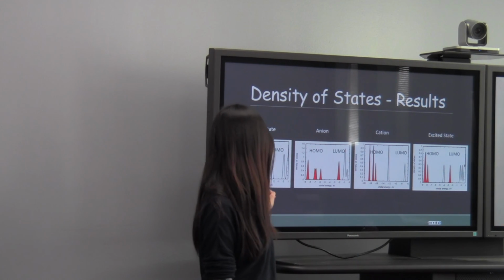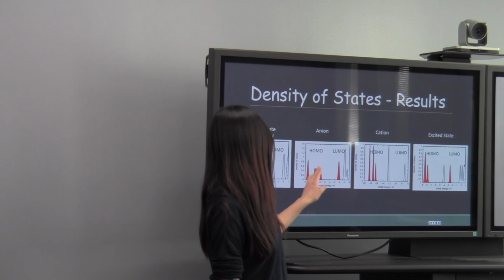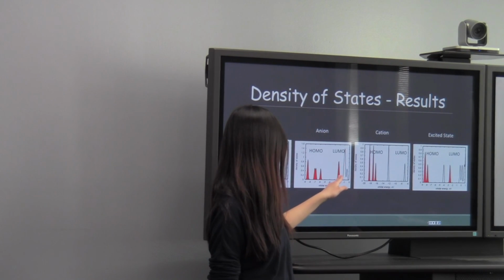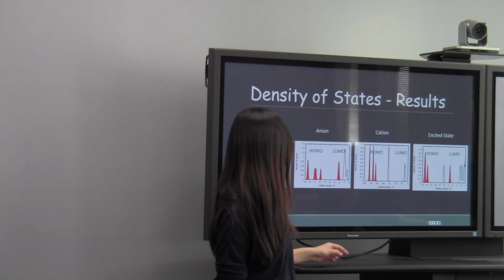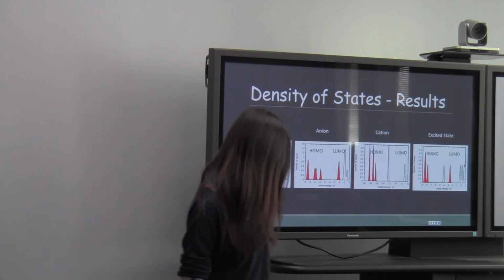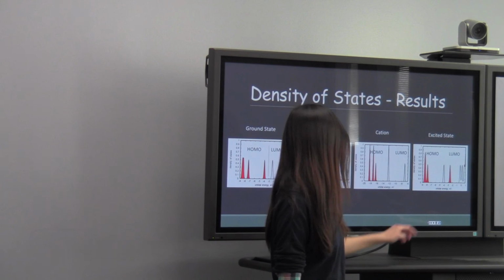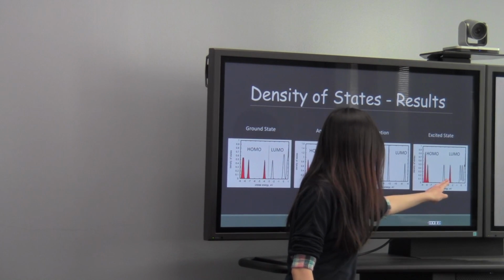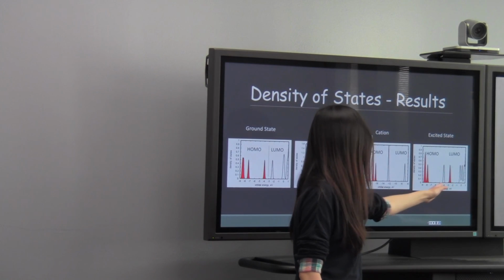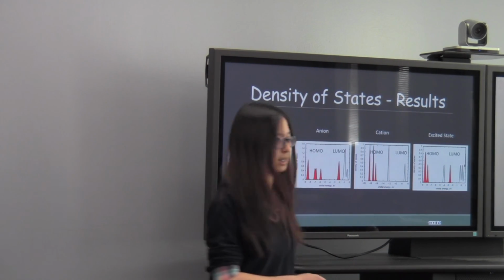In the anionic state we have extra electrons, so more electrons are occupying the orbitals, and in the cationic state fewer electrons are occupying them. In the excited states we can see the flipping, where the electron occupies the next state instead of the original state.